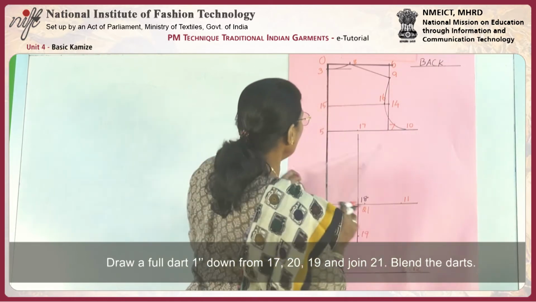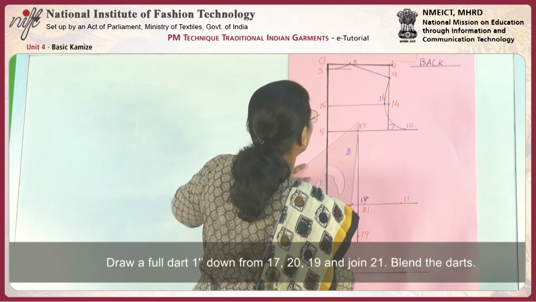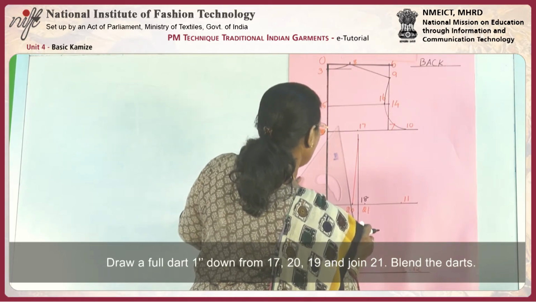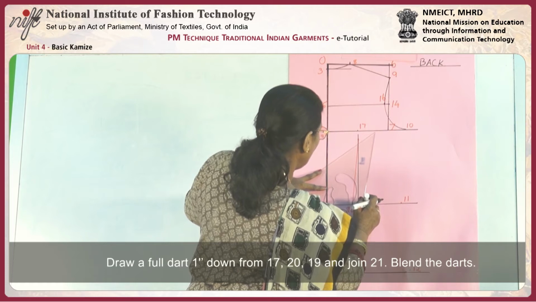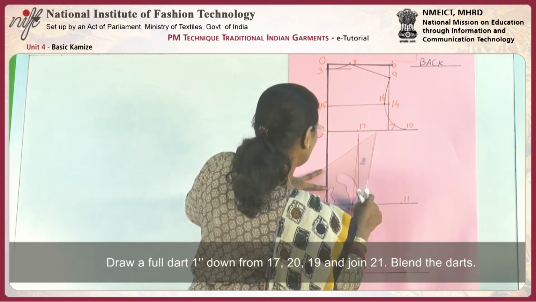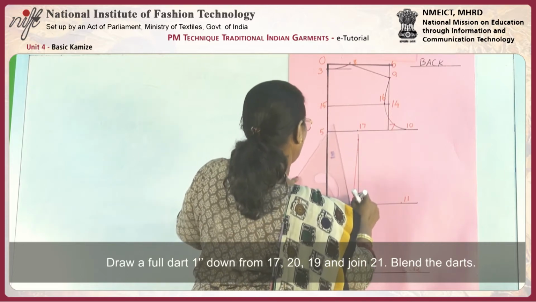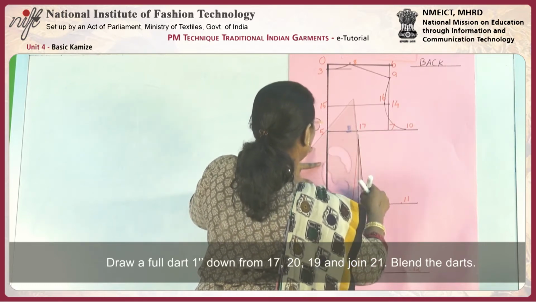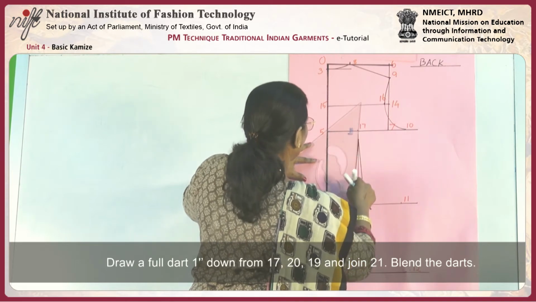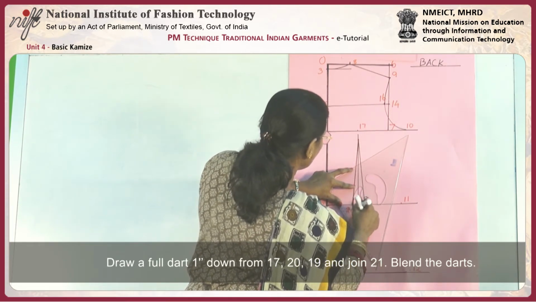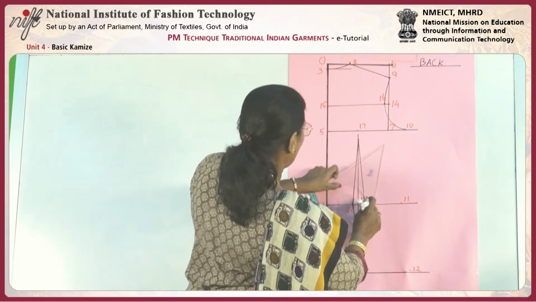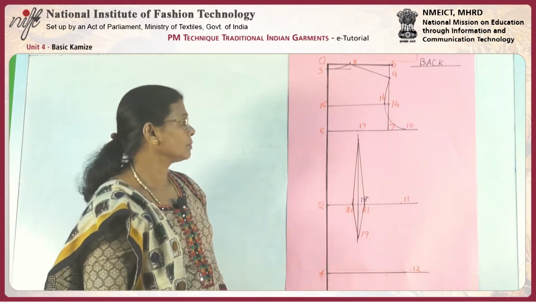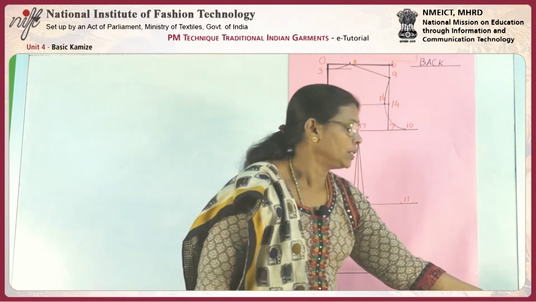Draw the dart one inch down from 17, 20 and 19, then join 21 and 19, and then blend the darts. Now we finish drawing the dart.